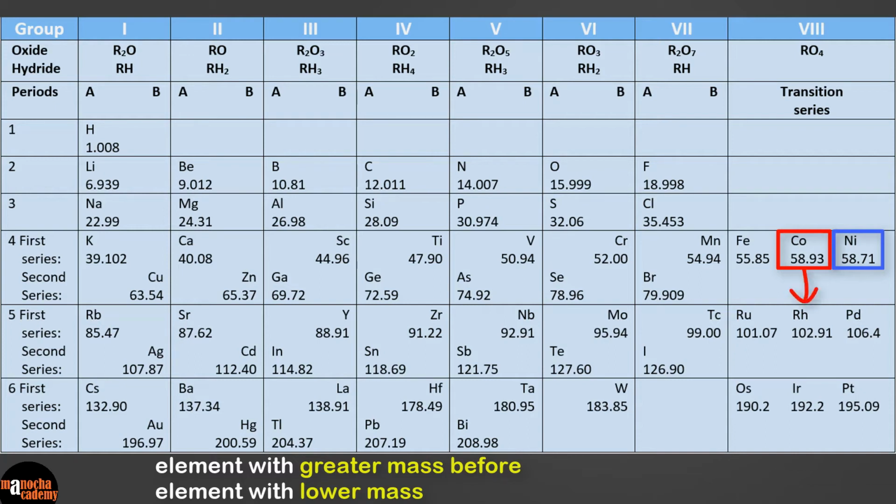Nickel, on the other hand, showed properties similar to the elements palladium and platinum, and so was placed above them. He made such exceptions in his table when an element with higher atomic mass comes before an element with lower atomic mass, contradicting his own periodic law, and this contradiction was another limitation of his table.